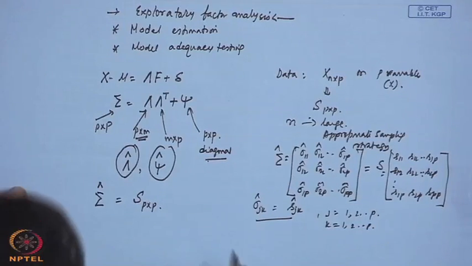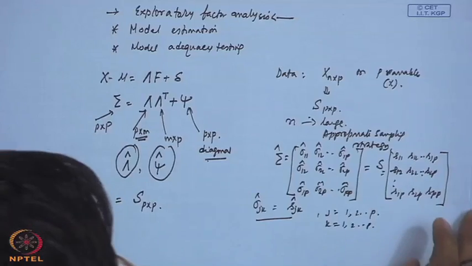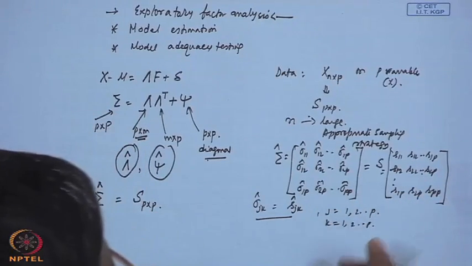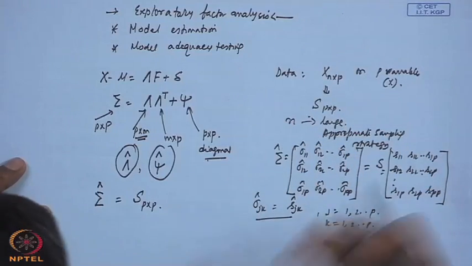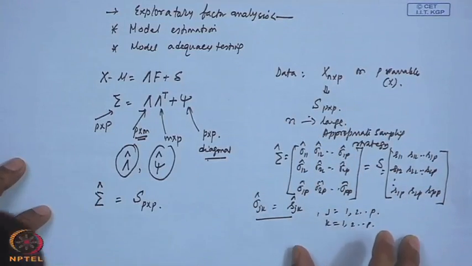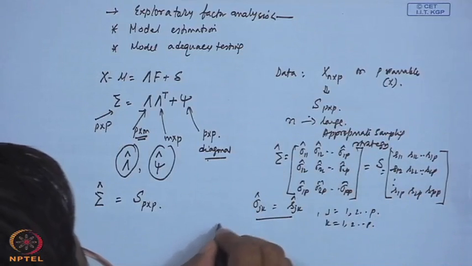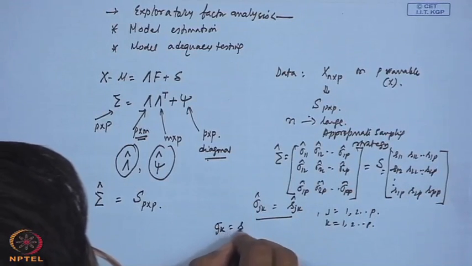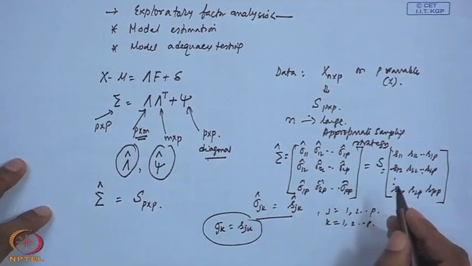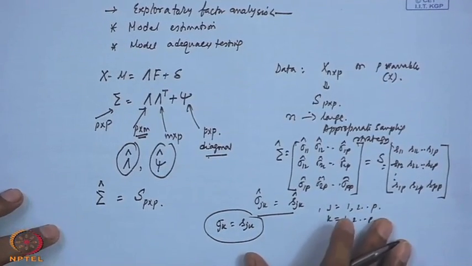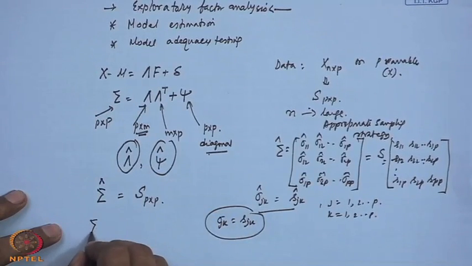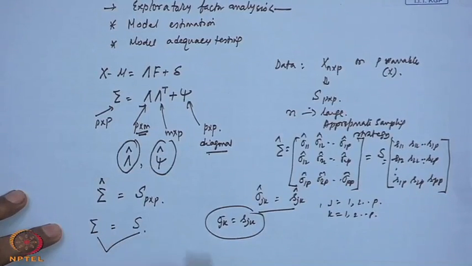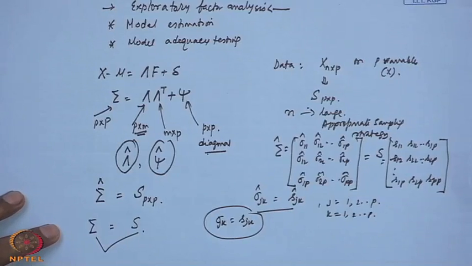Now, we can assume that under a good estimation, if our sampling size is appropriate, adequate, and we are able to capture properly the behavior, the covariance structure, then sigma jk equals sjk. That means each element in capital sigma and this S will be very close.